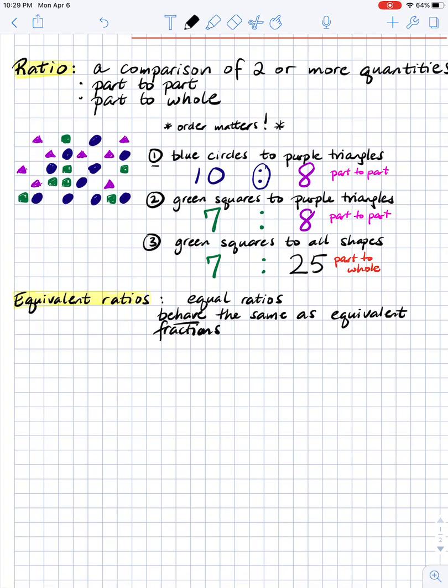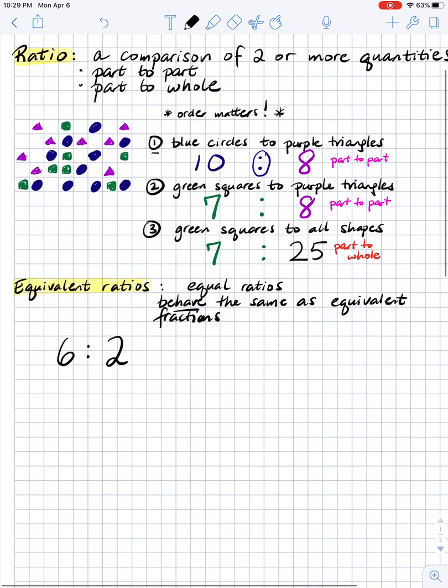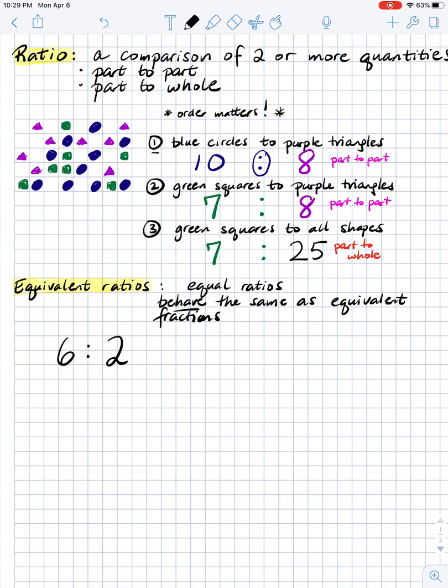So let's start off with some examples here. So say, for example, if we had a ratio 6:2, okay, and I asked you, try to find an equivalent ratio of 6:2. Well, I know that if I'm thinking of an equivalent fraction, I'm basically multiplying both sides.